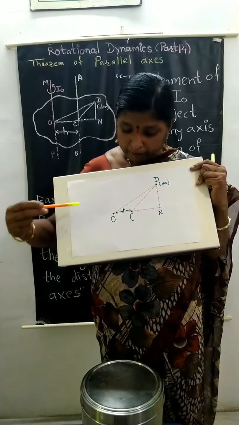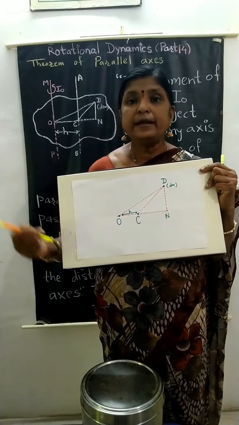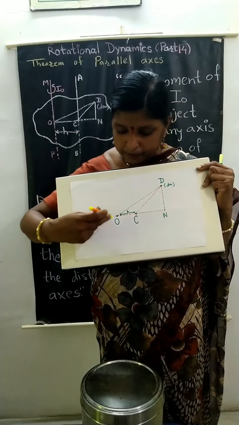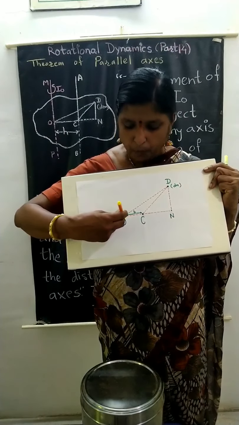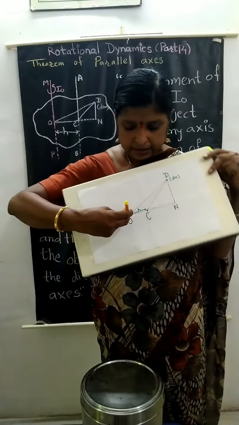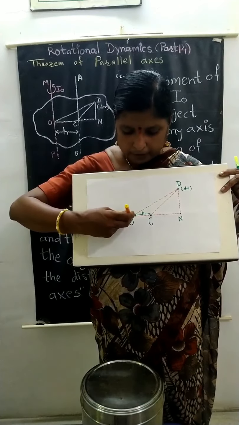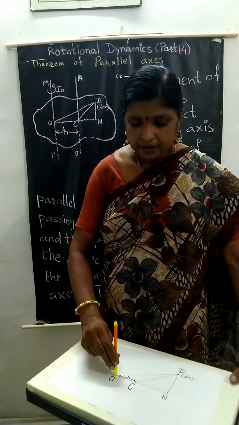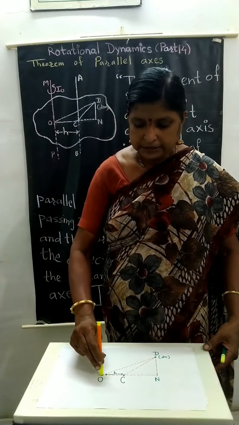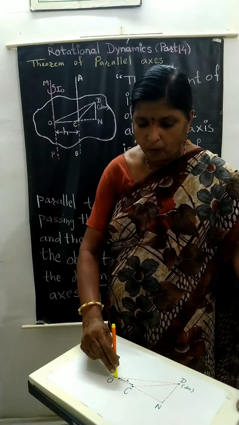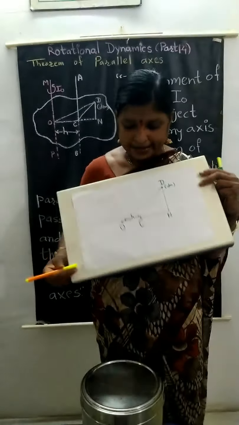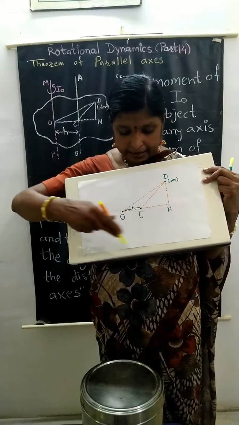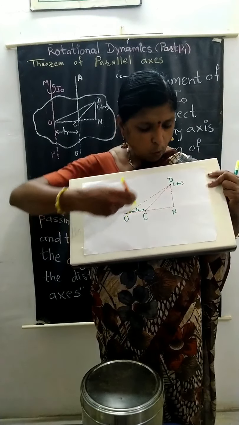Now, if I have to find the moment of inertia of this mass dm about an axis passing through point O, then when the body rotates about this axis, the mass dm will revolve along a circle of radius OD.